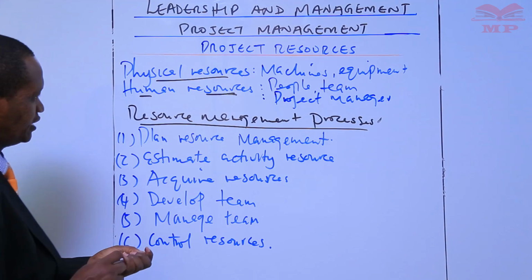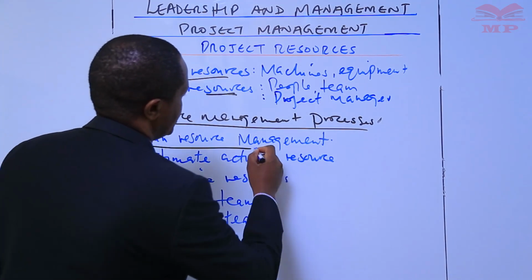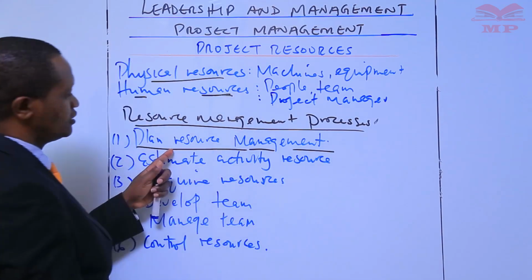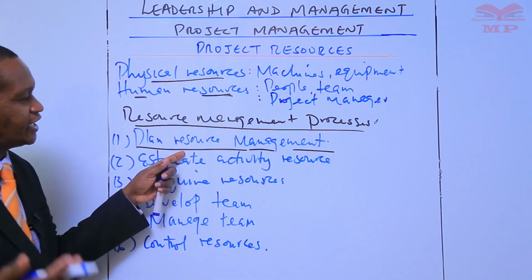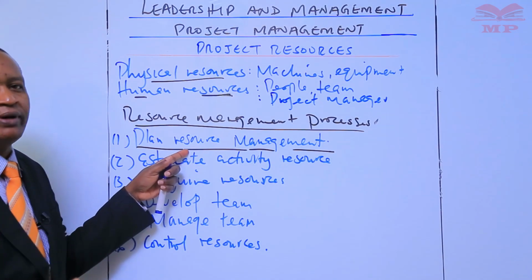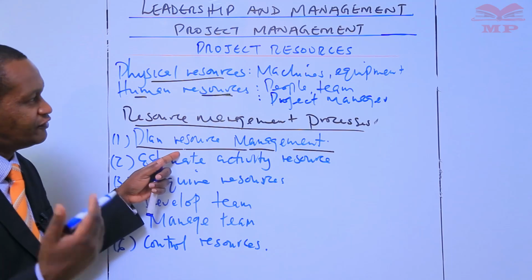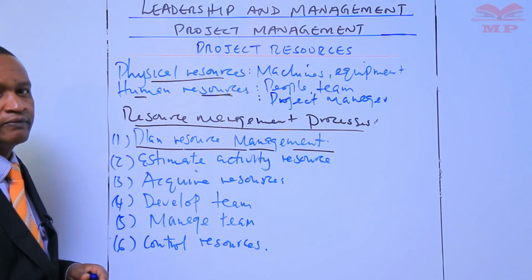Let's define these processes. Plan resource management, candidates, is the process of defining how to estimate, to acquire, to manage, and utilize physical and human resources. It does what?